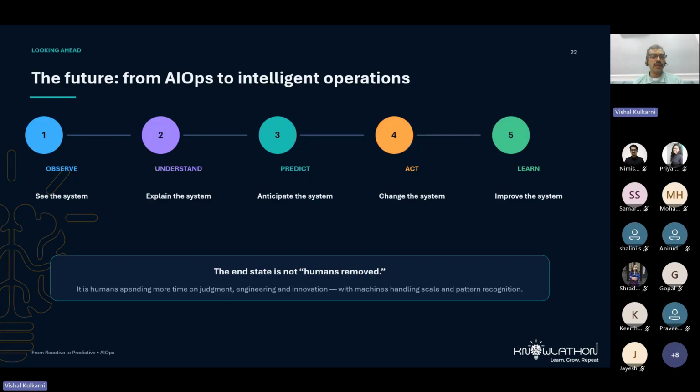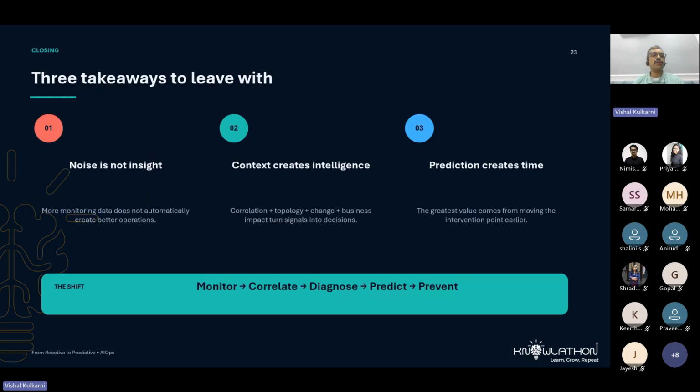That is not an end state. It is humans spending more time on judgment, engineering, and innovation, with the technology machines handling the scale and pattern recognition, where multiple options and recommendations are suggested. Subsequently, as humans, we need to make the best choice out of it, which works in our context.